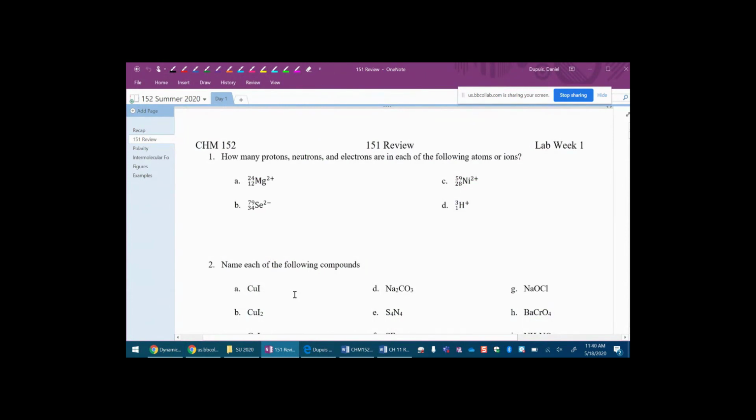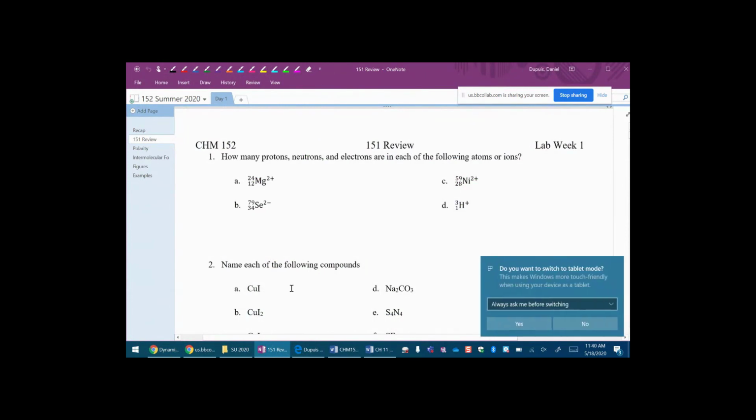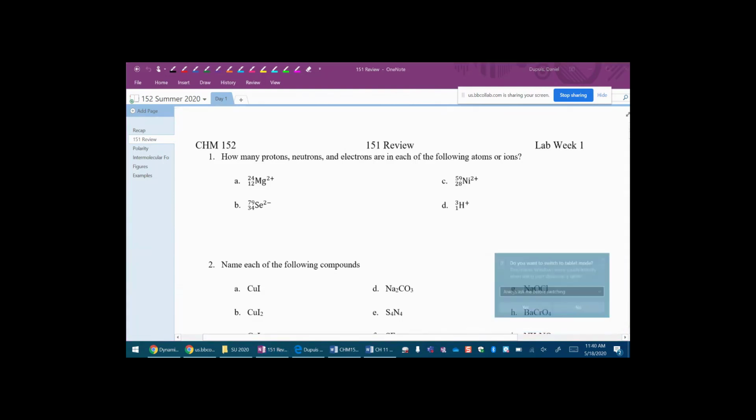So I want to know protons, neutrons, and electrons. Protons, that's the atomic number, right? So when we have element X here, our protons are down here. Our neutrons and protons are up here.